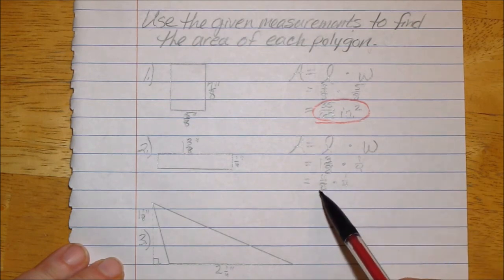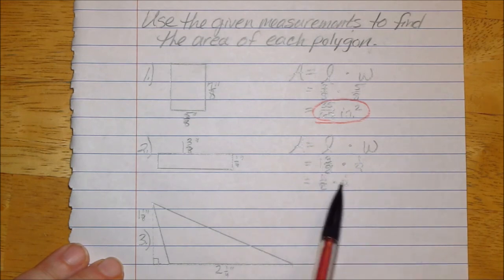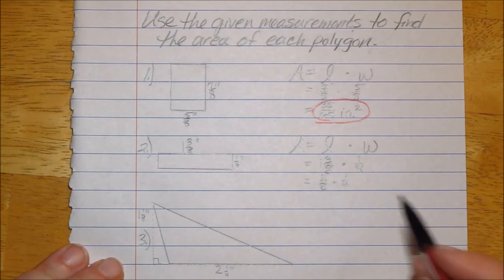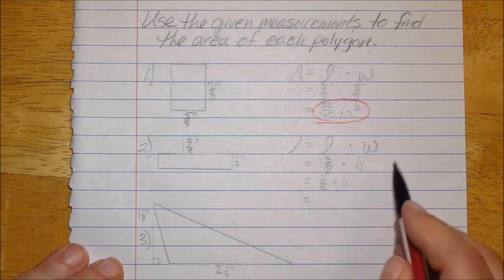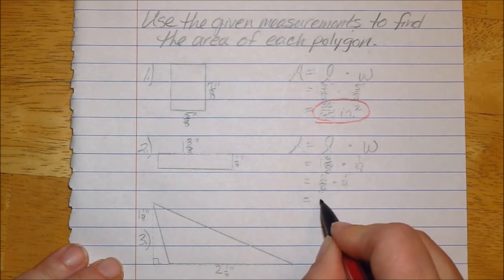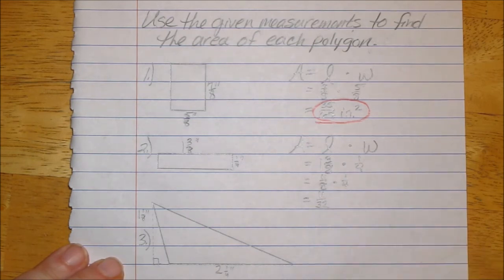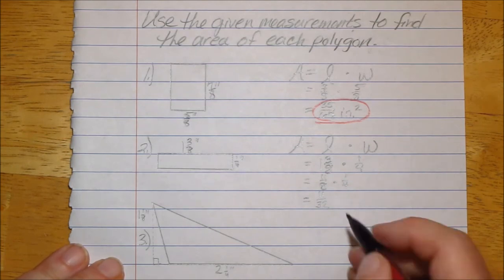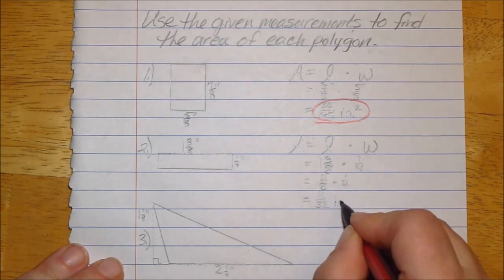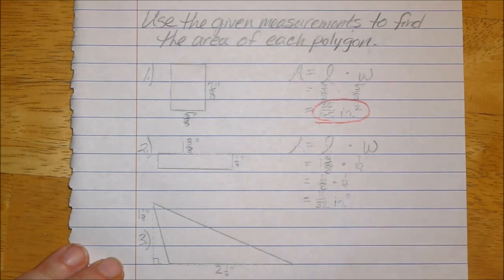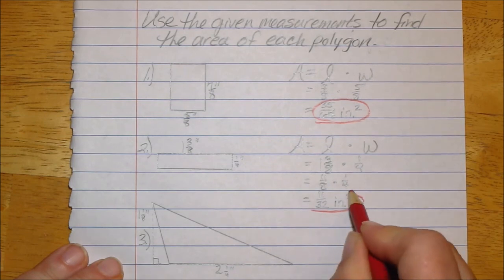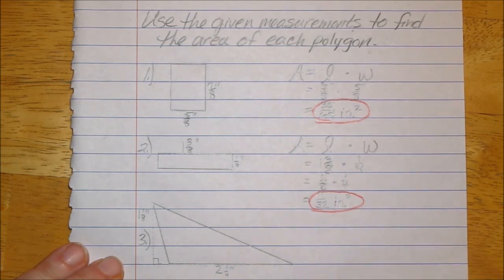Okay, cross reduce 8 and 1. My 1 here tells me that's as simplified as it can get. Cross reduce 11 and 4. Nope, there's nothing I can divide evenly into both those numbers. So I'm going to have to multiply my numerators. 11 times 1 is 11. 8 times 4 is 32. Can 11/32 be reduced? No, it can't. So I'm going to label it with my inches. I'm dealing with area, so I'll remember that it's squared. 11/32 inches squared is my answer for number 2.